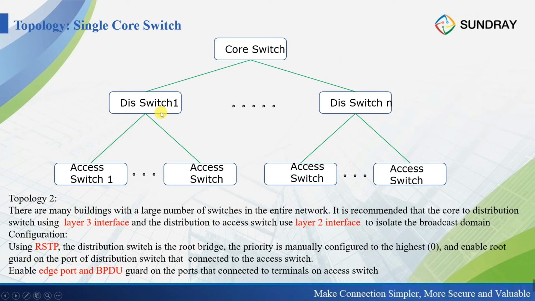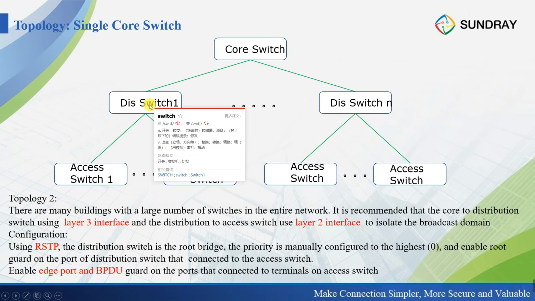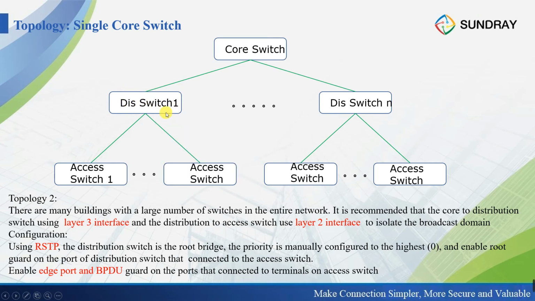Then in topology two, we have one core switch but more distribution switches. This network is distributed to different buildings. In this kind of scenario, we recommend the distribution switch be the gateway. And from the distribution switch to the core switch, we use a layer 3 connection. So from here to here, no spanning tree, no need to use spanning tree.